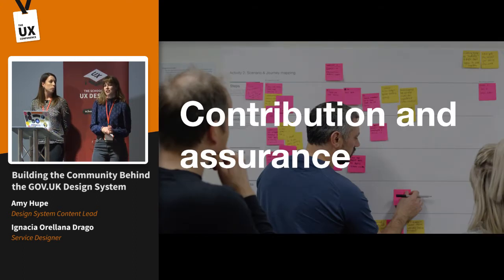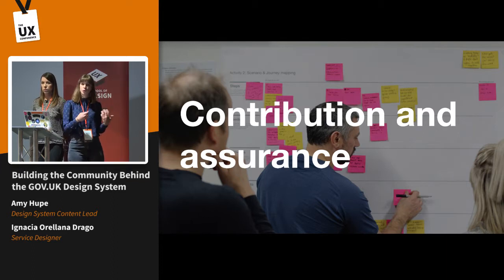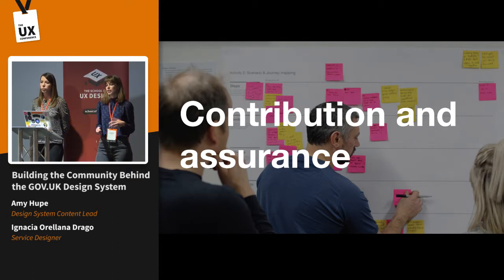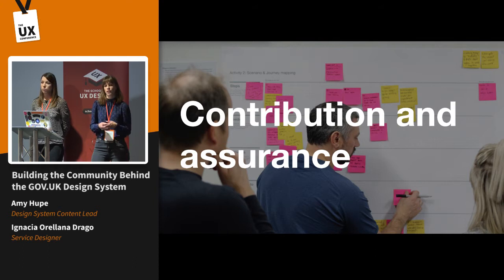And to make a design system representative, we needed to allow people to contribute back to it. So we needed to establish a contribution and assurance process to support this. But we wanted to involve members of the wider community across government in the creation of this process. So we ran more workshops. We got stakeholders and users together again to co-design a process for contributing changes and improvements to the system.